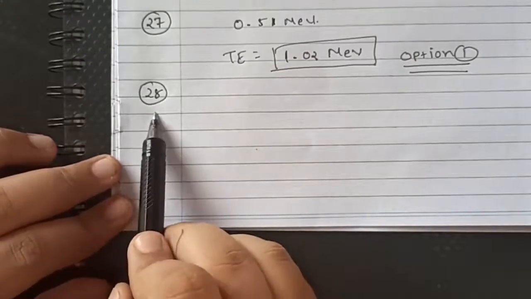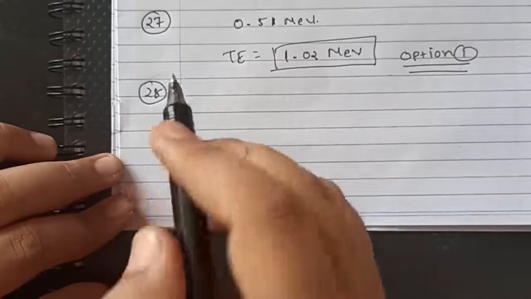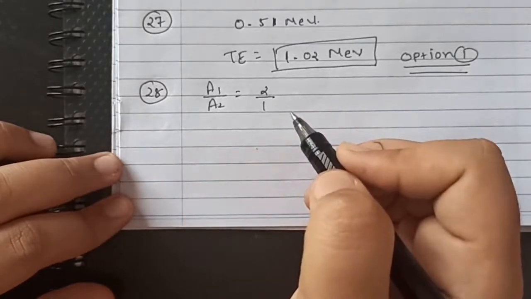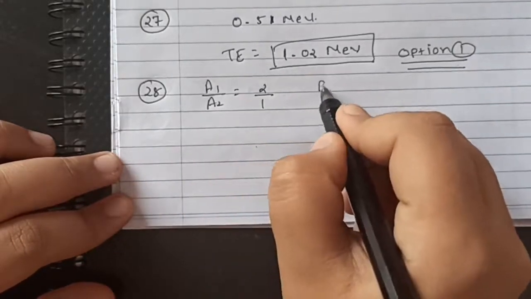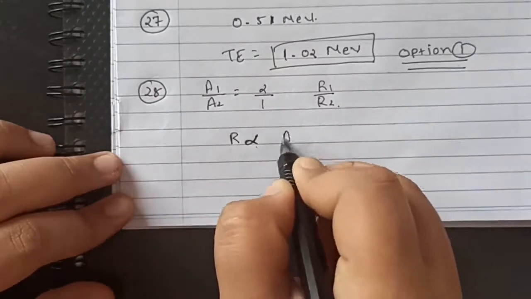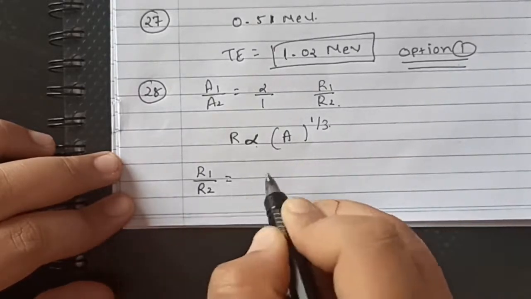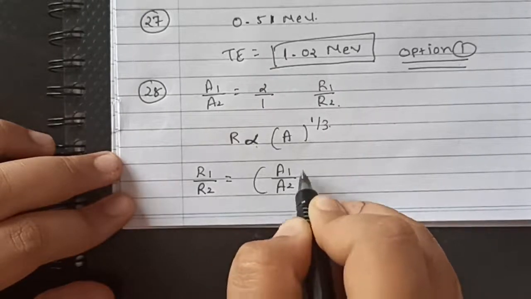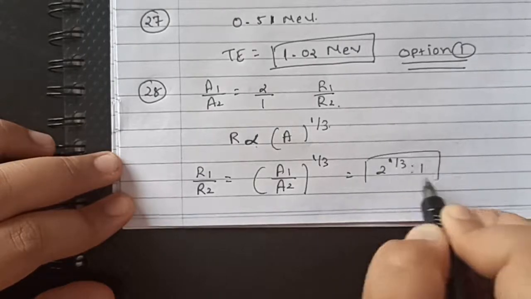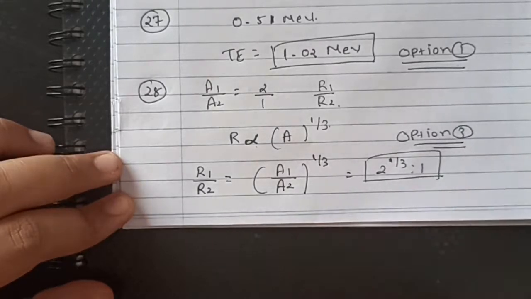In question number 28, a nucleus X splits into two nuclei having the mass number in the ratio A1 by A2 is equals to 2:1. We want to find the ratio of their radii, that is R1 by R2. The radii is directly proportional to mass number power 1 by 3. So R1 by R2 is equals to A1 by A2 whole power 1 by 3. That will give us the answer 2 power 1 by 3 is to 1. So option 3 is correct option.